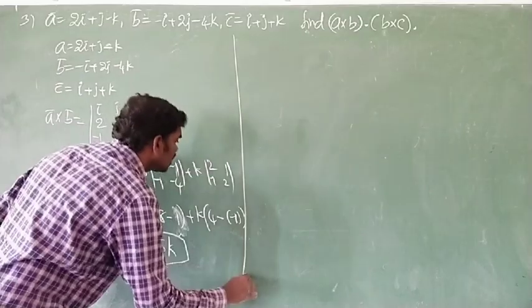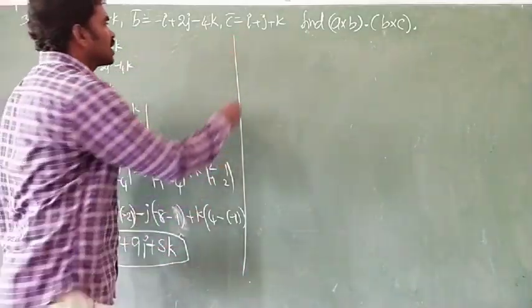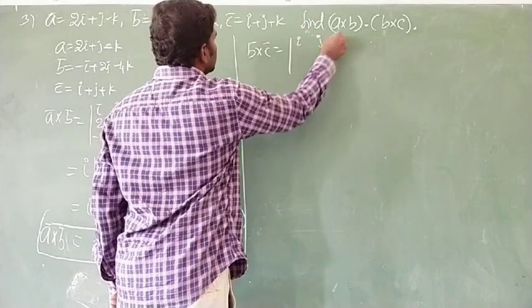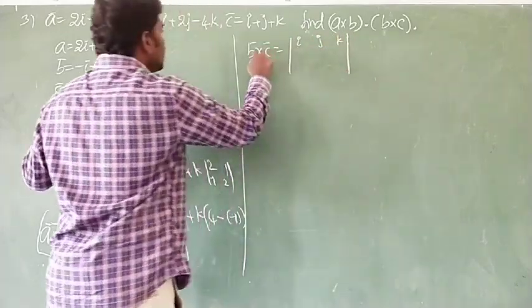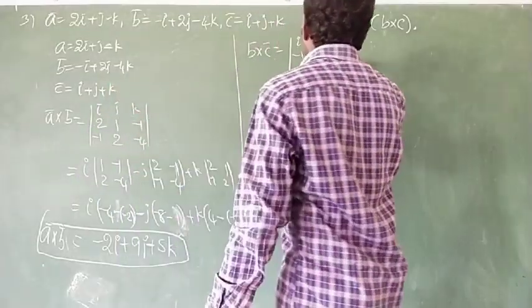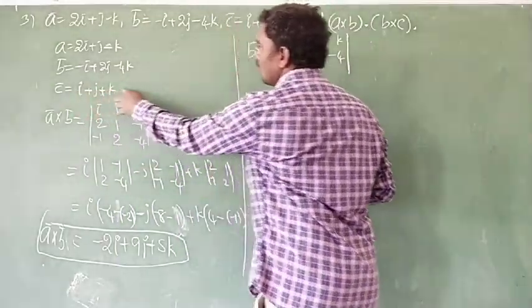Next, similarly find the second one, B cross C. So B cross C is equal to what? i, j, k. B elements: minus 1, 2, minus 4. Next C elements: 1, 1, 1.